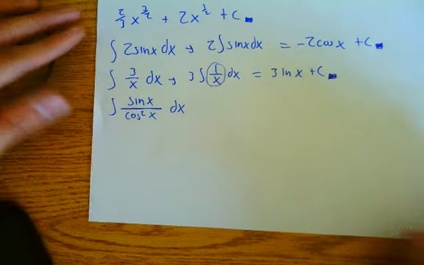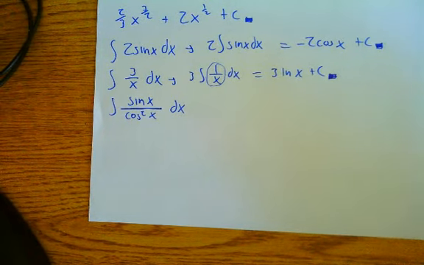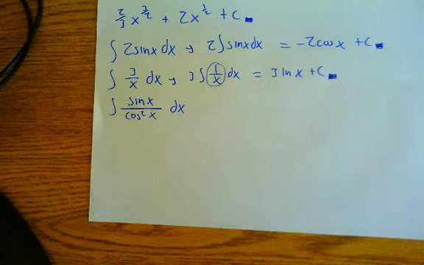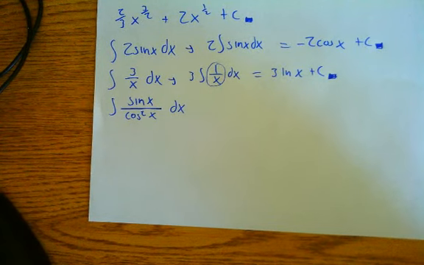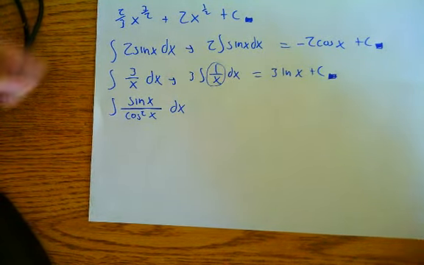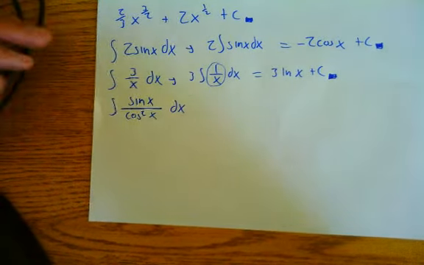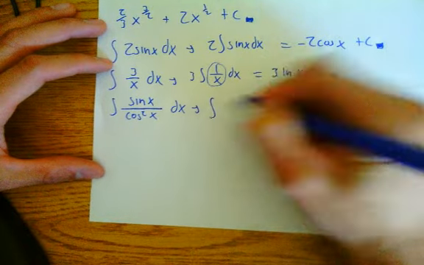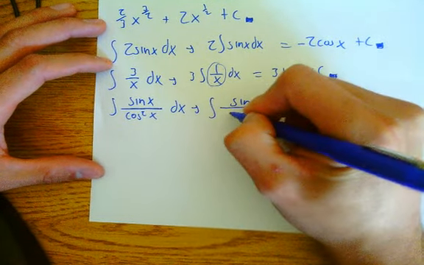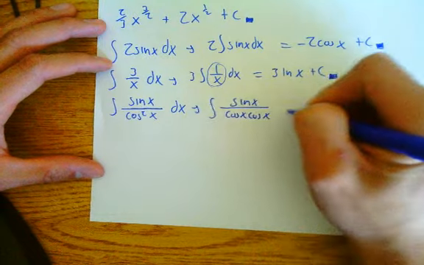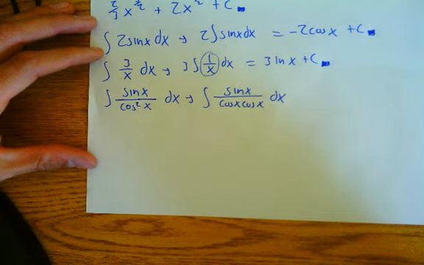Okay? Last one. Again, you don't know any type of quotient rule or anything like that. You only know how to undo either the power rule or one of those trig functions that you have memorized. Well, this one doesn't look like any of the ones we have memorized. However, you can play around with it. You can write it as sine of x over cosine x dx.